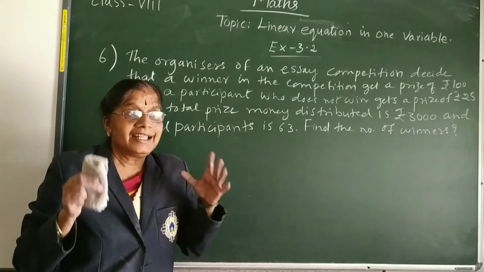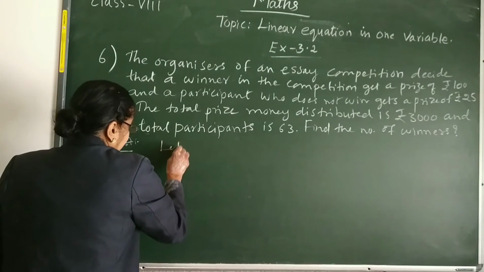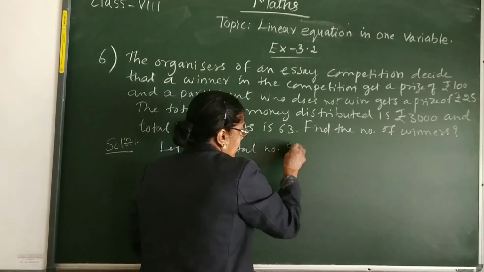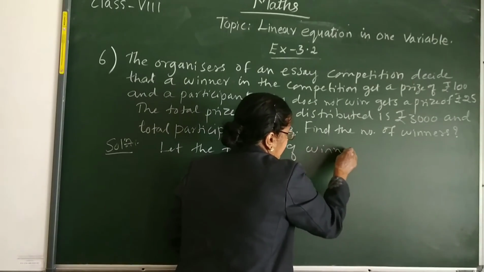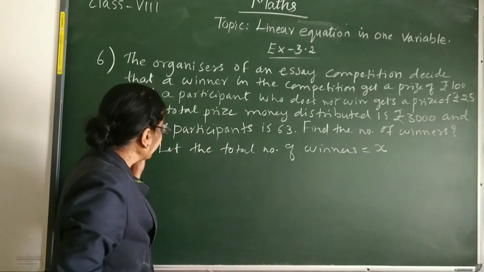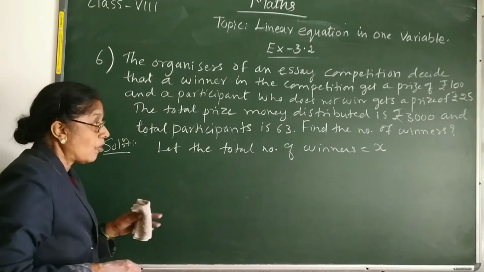So we will say, let the total number of winners be x. That is very important. The total number of participants is given: 63 participants are there. All cannot win.